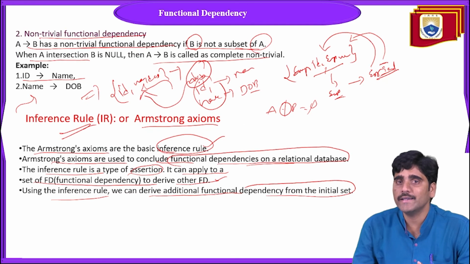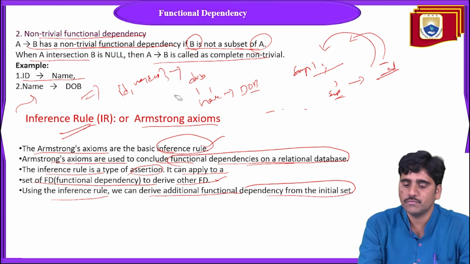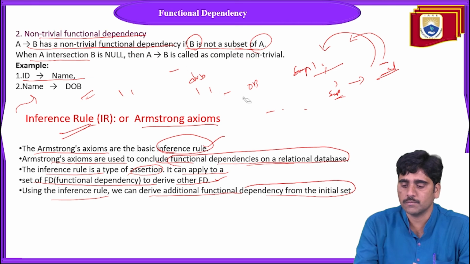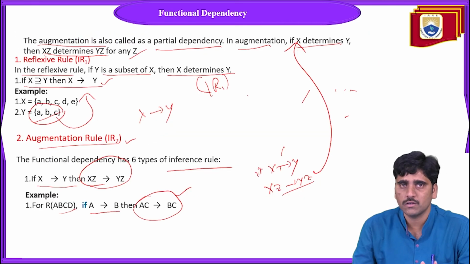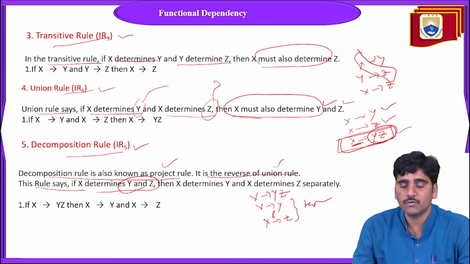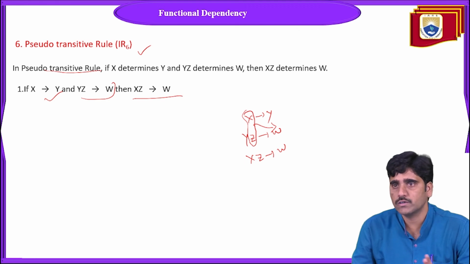To validate these functional dependency values, we use inference rules or Armstrong axioms. The different types of Armstrong axioms are: the first is the reflexive rule, the second is the augmentation rule, the third is the transitive rule, the fourth is the union rule, the fifth is the decomposition rule, and the sixth is the pseudo-transitive rule.